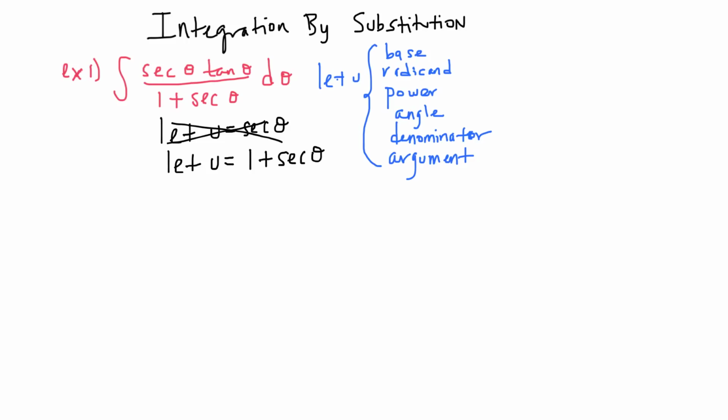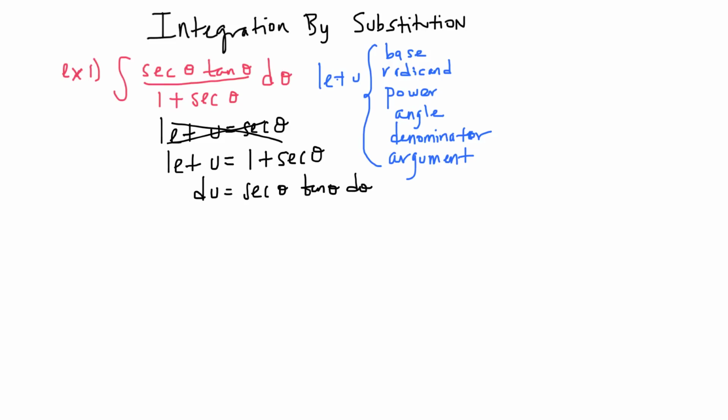That way when you take the derivative, the 1 doesn't account for anything, it'd be 0, and you still get the benefit of the derivative of secant theta, which is secant theta tangent theta d theta, and that is exactly what we have in the numerator.